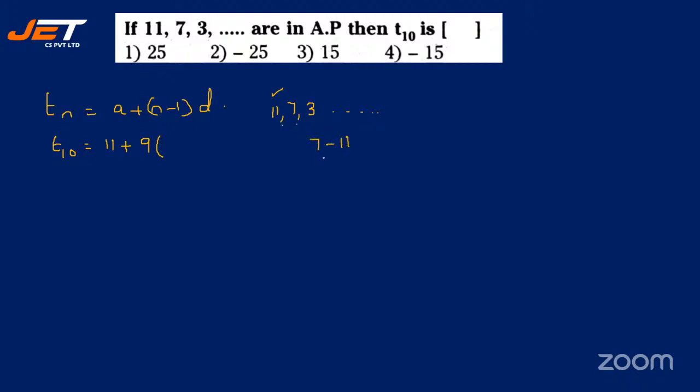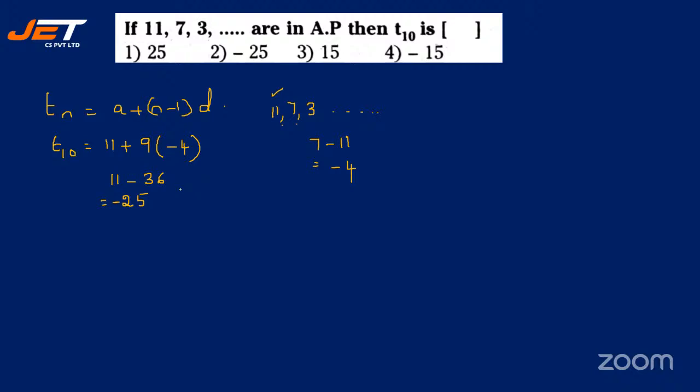So T2 minus T1: what is 7 minus 11? It is minus 4. So you put here minus 4. So 11 minus 9 fours are 36, which gives 11 minus 36, and your answer is minus 25.